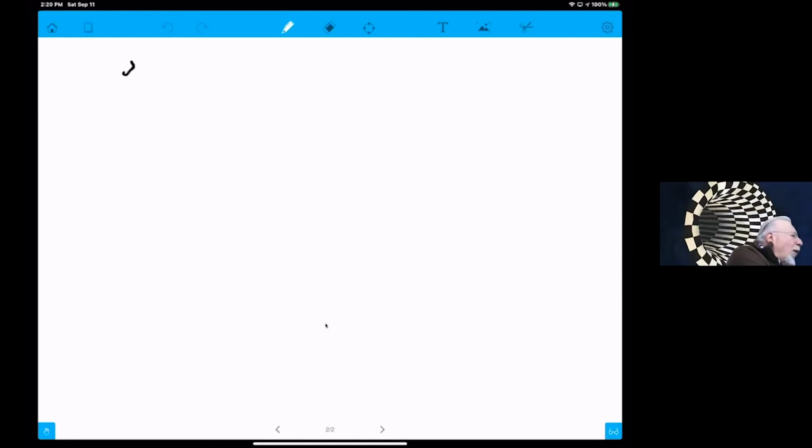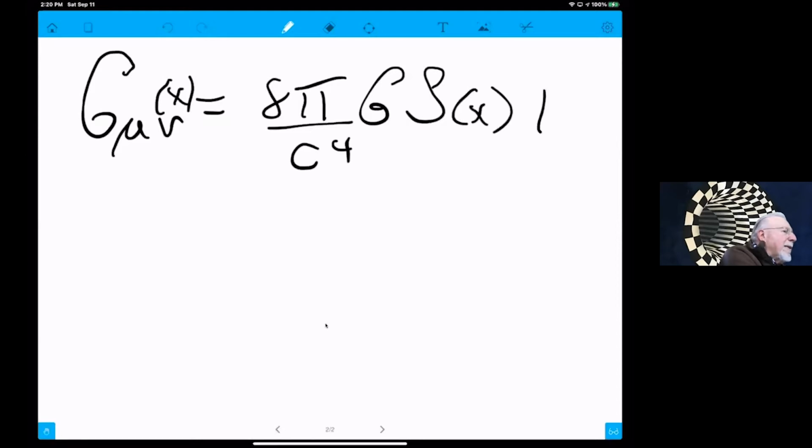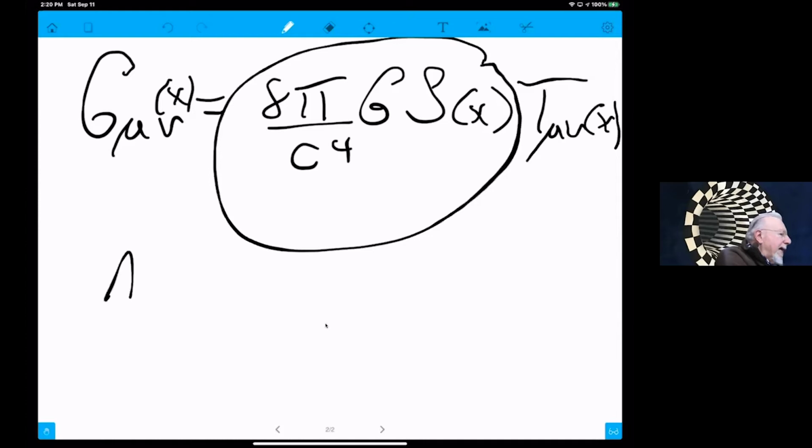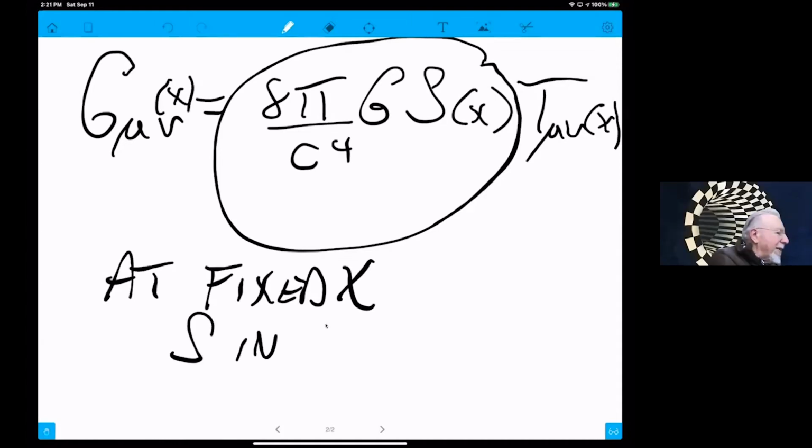What it can be, all that's required mathematically, is 8 pi G over C to the 4th, for dimensional reasons, and then I'll have an S of X times T mu nu of X, where this whole thing is at fixed X. At fixed X, S is invariant.